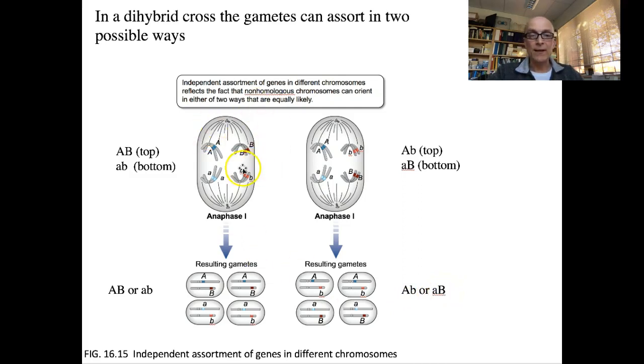One cell can only do one or the other, right? But there are so many hundreds and hundreds of cells that are producing gametes that overall you'll get about half of this and half of that. That's why you have equal chance of getting this or that in terms of allele combinations for your gametes. Let me say that again.